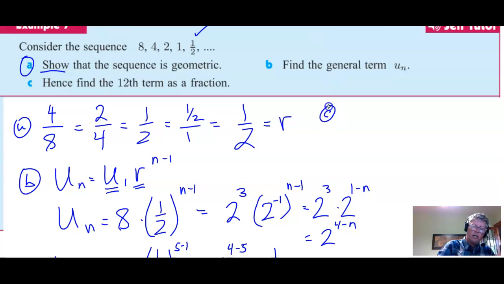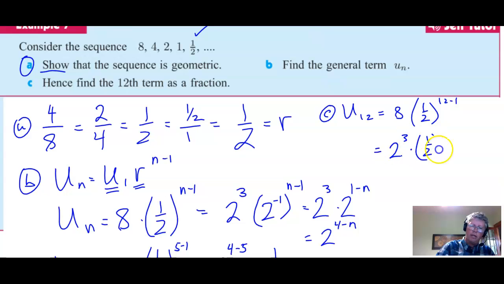All right, so part C: find the 12th term as a fraction. I'm going to use what I told you that I think is best. The 12th term is 8 times 1/2 to the 12 minus 1. That is 2 cubed times 1/2 to the 11th. And that is going to be 1 over 2 to the 8th. I would leave it like that.